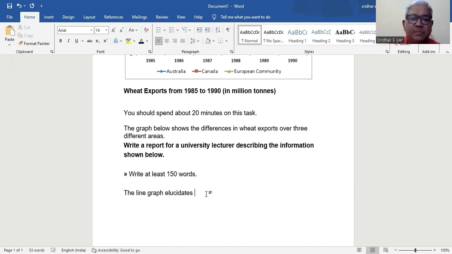All right, the line graph elucidates the export of wheat from 3 different countries from 1985 to 1990.